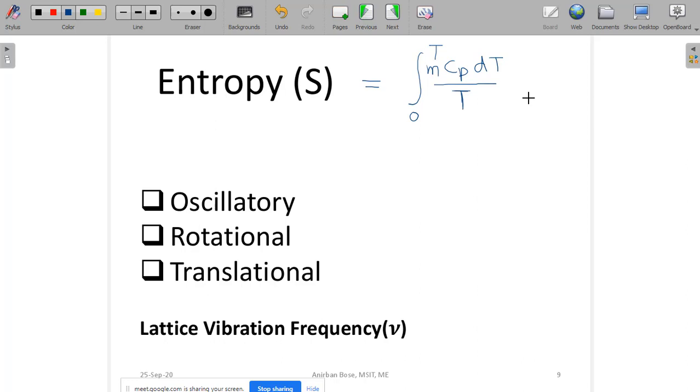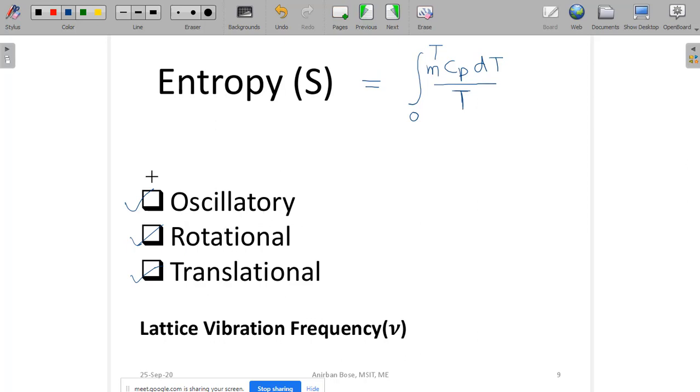Now you see this thermal entropy can be defined like this, and this thermal energy that is there within a material is stored basically as a manifestation of either oscillatory motion of the molecules or atoms, or rotational or translational motion. So there are three different kinds of motion present within the atoms or molecules of which the material is made.